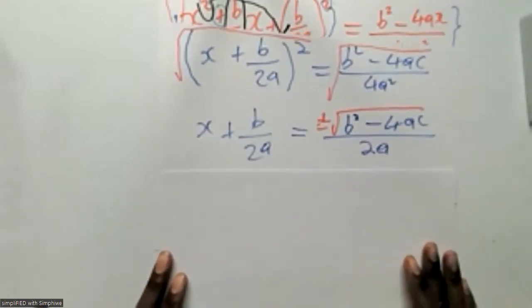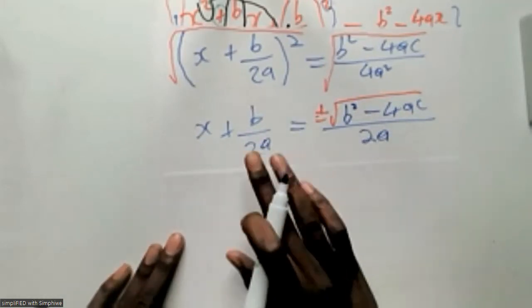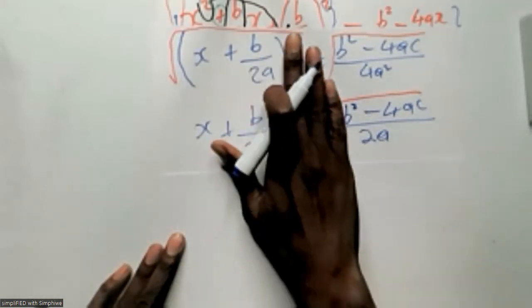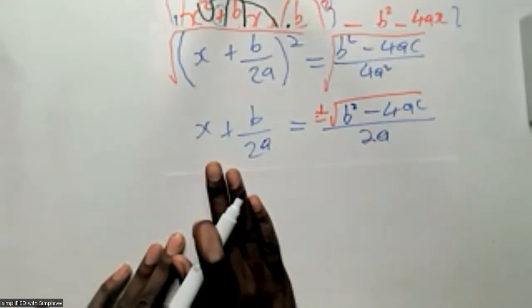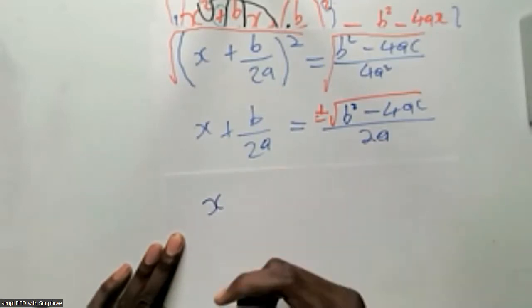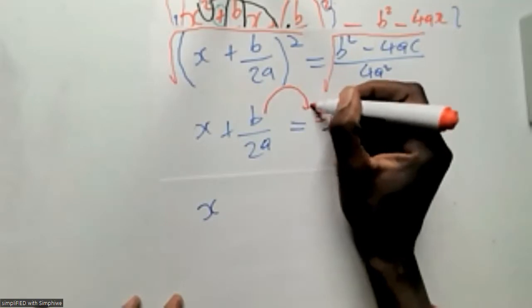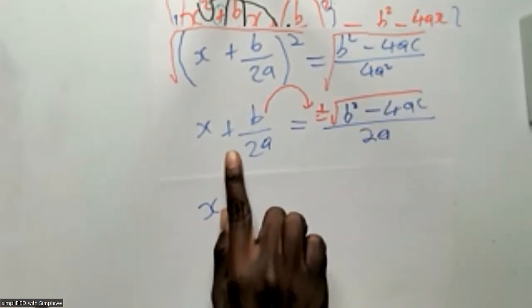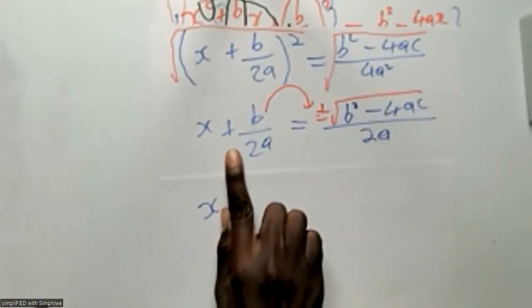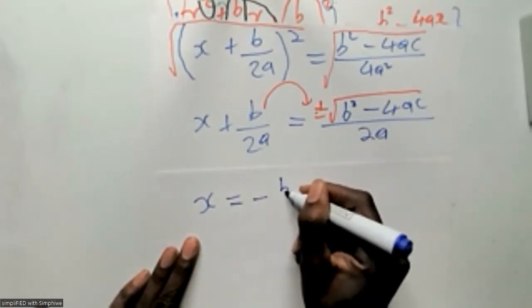Great. If you are familiar with this, you're starting to see where this is going. So now if I want to solve for x, I must rearrange the numbers to the right, meaning on the left hand side I only want the variable that I'm solving for, which is x. If I take this to the other side, it is a plus here, so it changes the sign and becomes a minus.